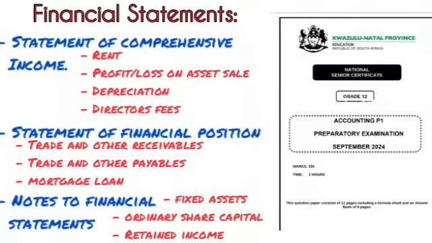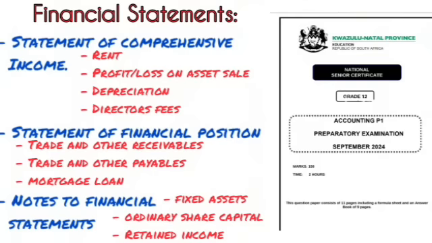And then in the statement of financial position, what can be challenging is trade and other receivables, trade and other payables, and a mortgage loan. When it comes to the notes to financial statements, the notes that are common in your papers would be the fixed asset note, the ordinary share capital note, and the retained income note.